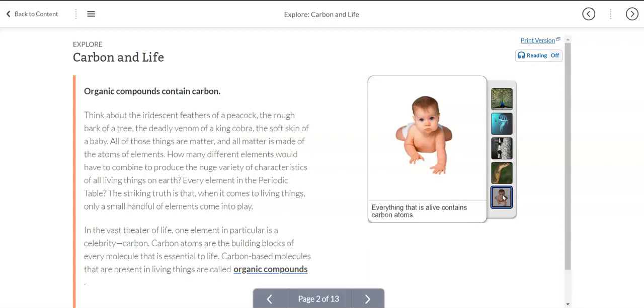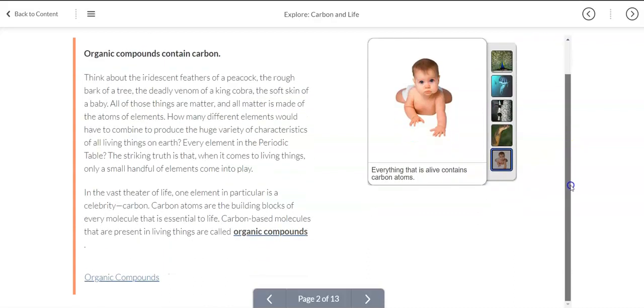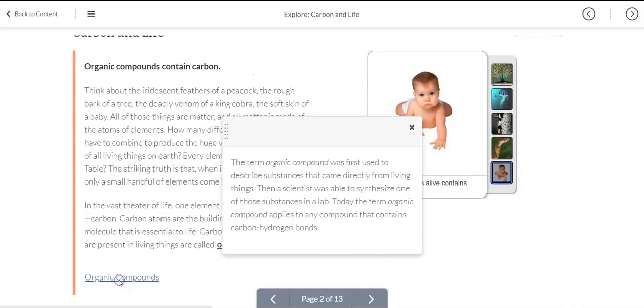The striking truth is that when it comes to living things, only a small handful of elements come into play. In the vast theater of life, one element in particular is a celebrity: carbon. Carbon atoms are the building blocks of every molecule that is essential to life. Carbon-based molecules that are present in living things are called organic compounds.